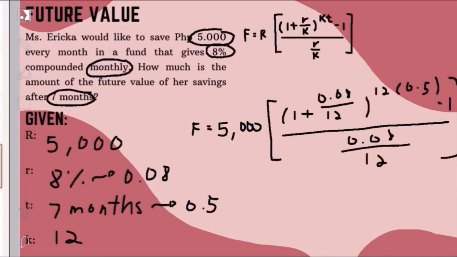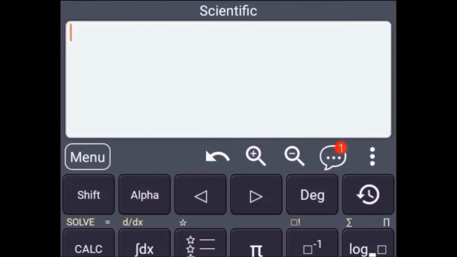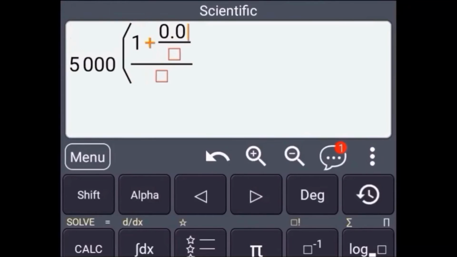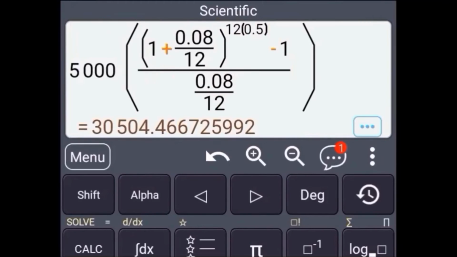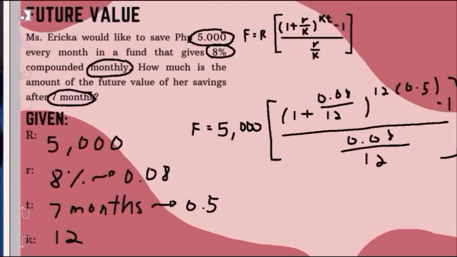Now, after substituting all the given, just insert the values in your calculator. Nakuha po natin is 30,504.46 pesos.